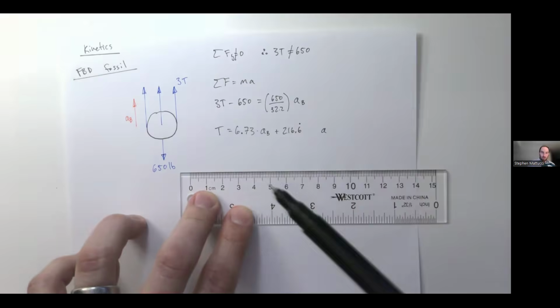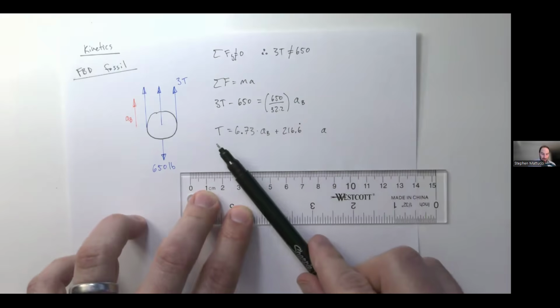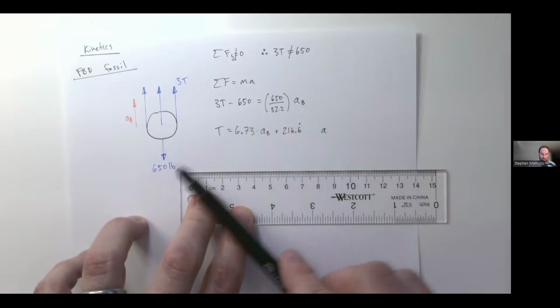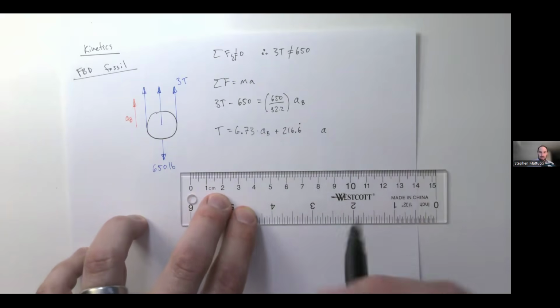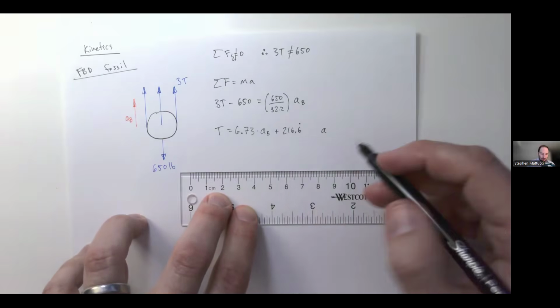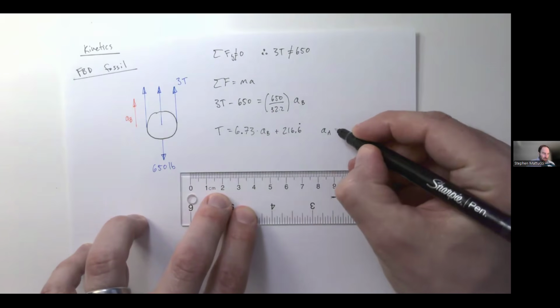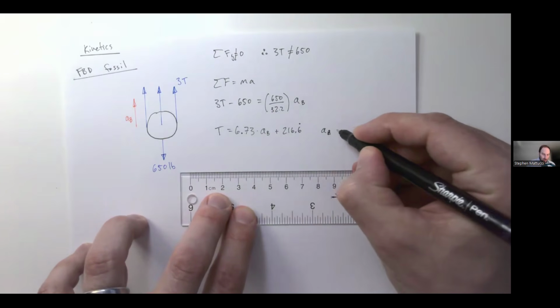Now, I already kind of alluded to this. We're going to have to sub this into the other equation, which is going to have T involved, but it's going to have acceleration in terms of A. But we can change this acceleration to terms of A because we know that's going to go in. If you don't recognize that right now, that's totally fine. You'd recognize that after and be able to sub that in later.